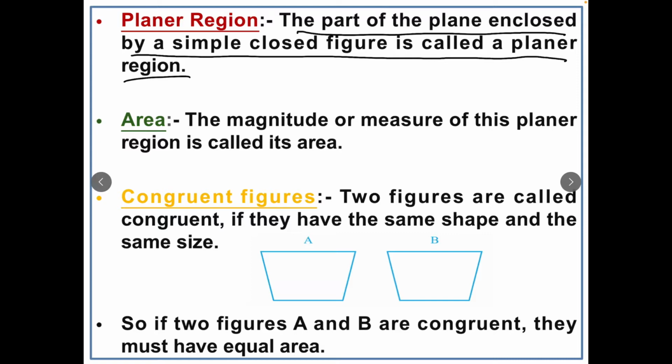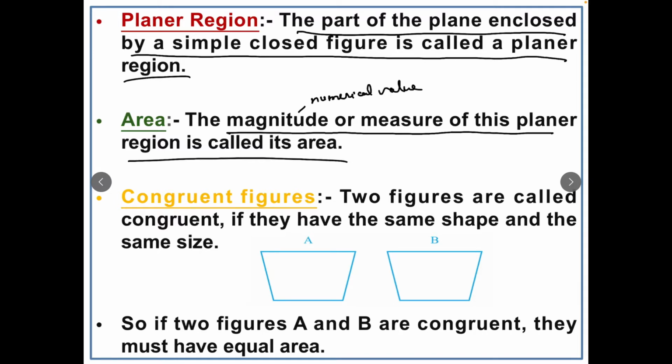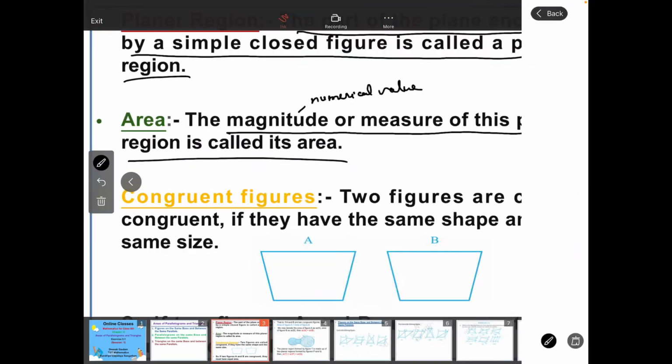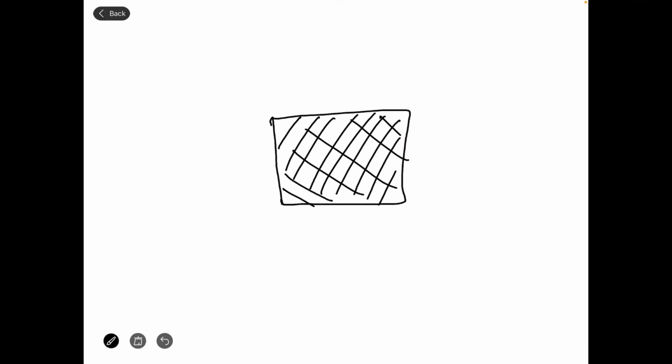Next is the area. The magnitude or the measure of this planar region is called the area. Magnitude means numerical value. Let's see this figure again. Suppose the length of this figure is 4 centimeters and the width is 3 centimeters.